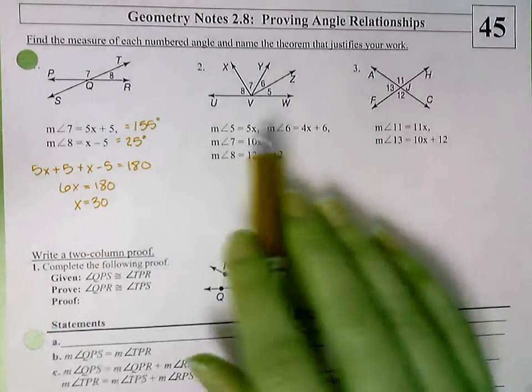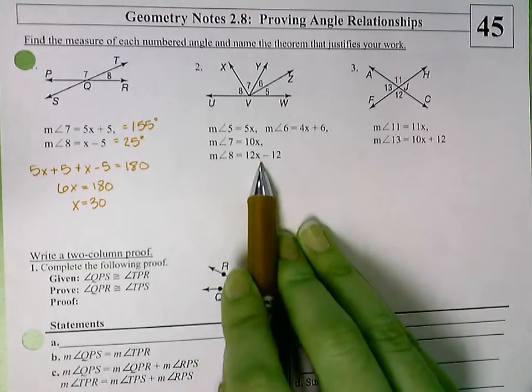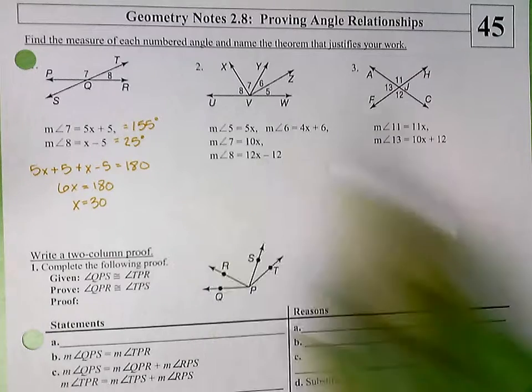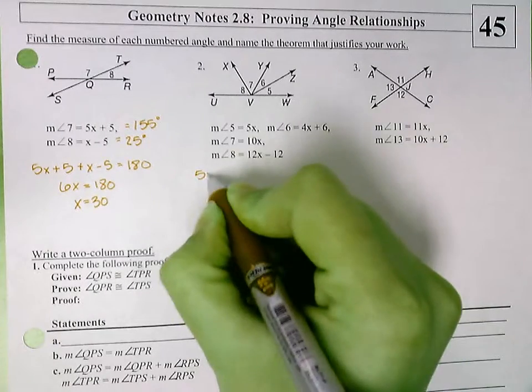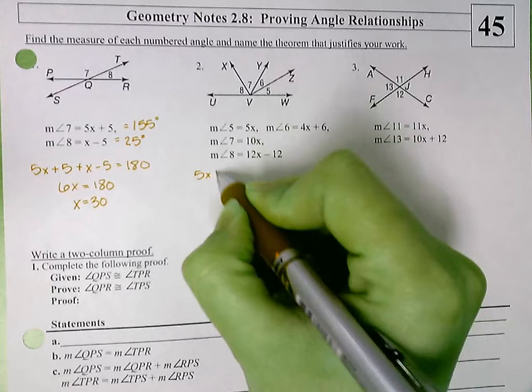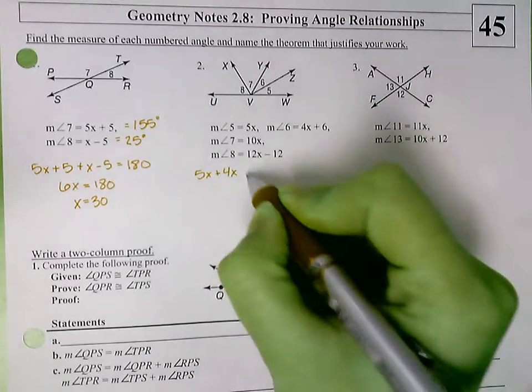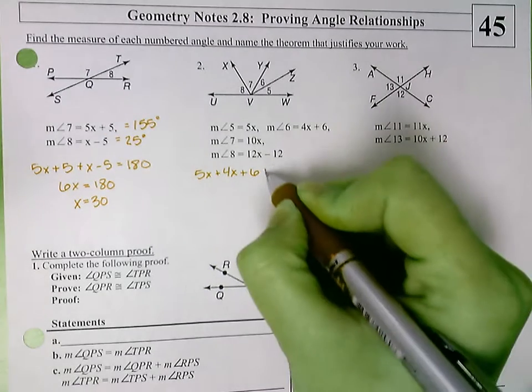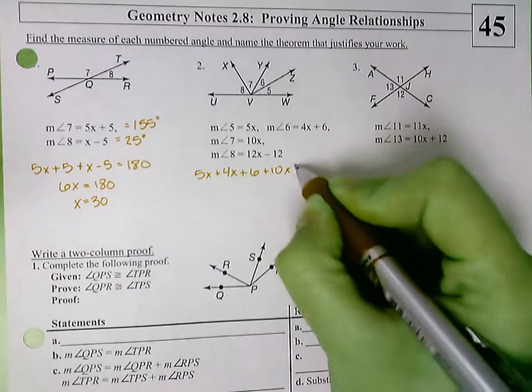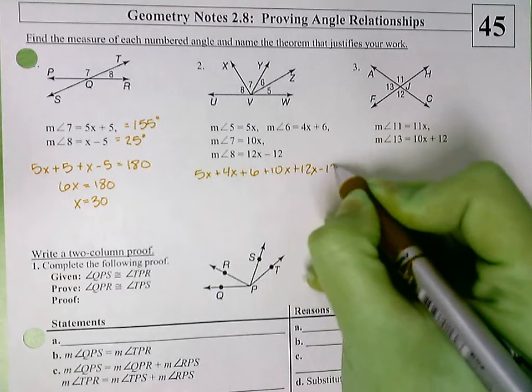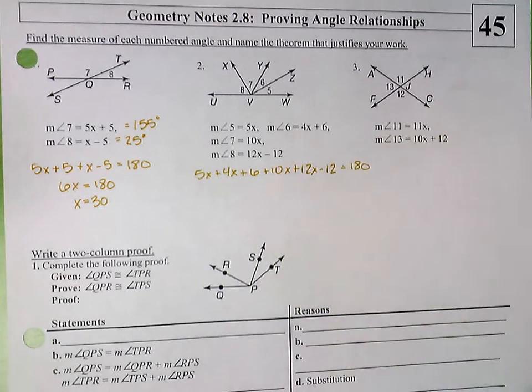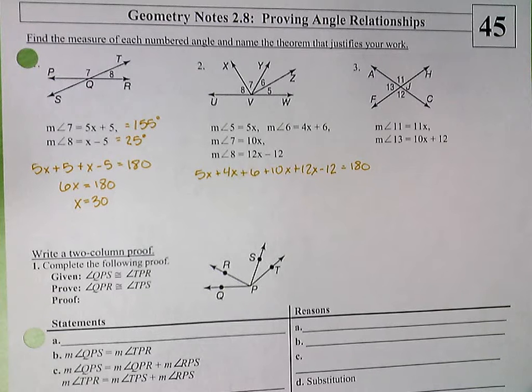So I can add all 4 of those together and set it equal to 180. We'll take 5x plus 4x plus 6 plus 10x plus 12x minus 12, and that has to equal 180.